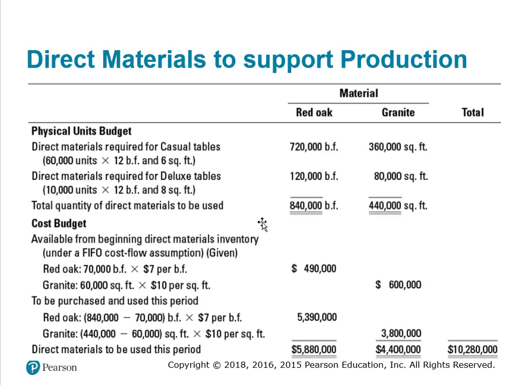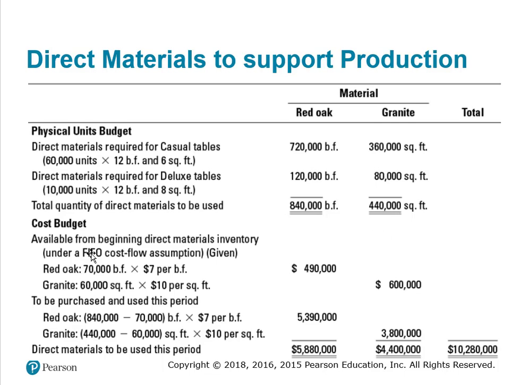Now, in order to support production, you've got to buy direct materials. So this is another whole issue. And in the example in the book, they're building tables, and we've got red oak and granite for material. And what they've come up with here are the total quantity of direct materials to be used. All right, this is what they need. 60,000 units and 10,000.